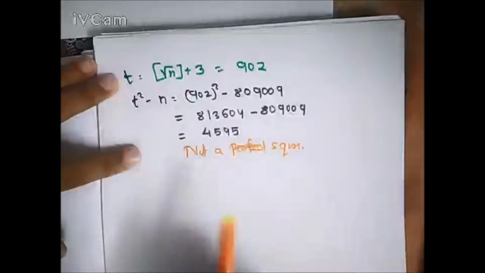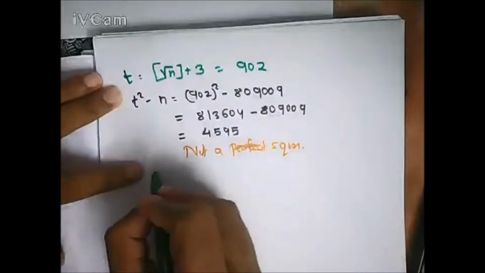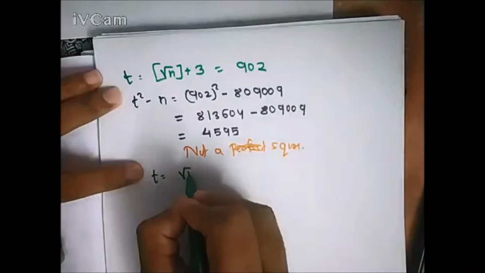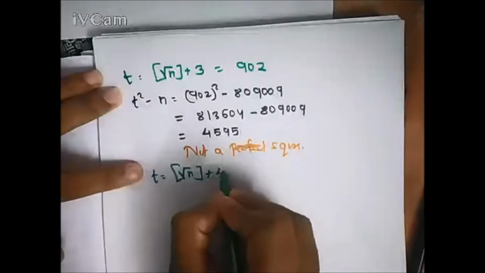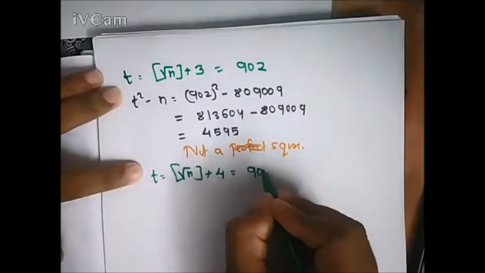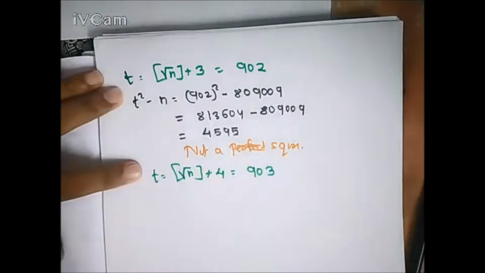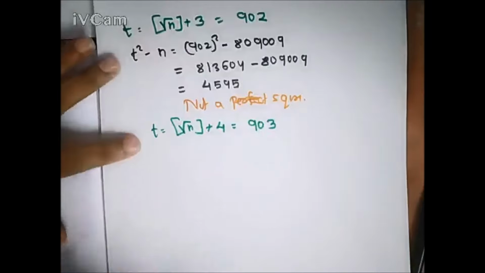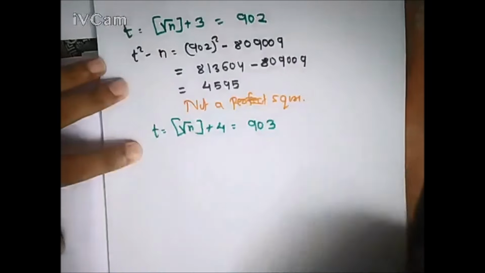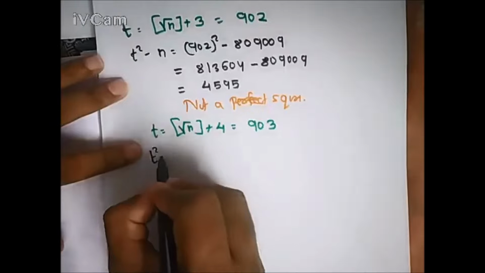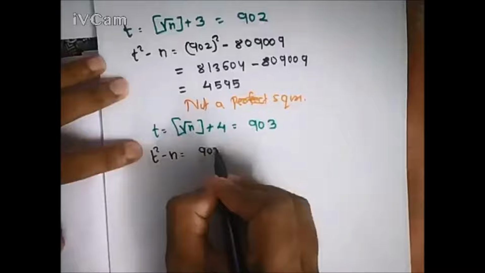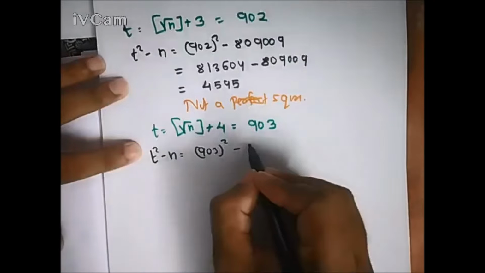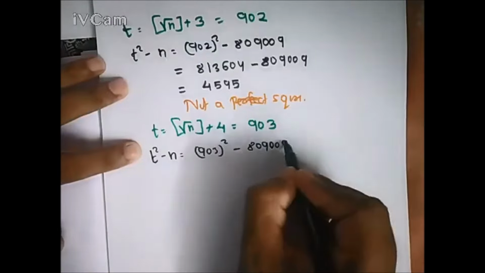So again, continuing with this process, you take t as root of n plus 4, that is 903. It is clear? Then again compute t square minus n, that is 903 square minus 809009.